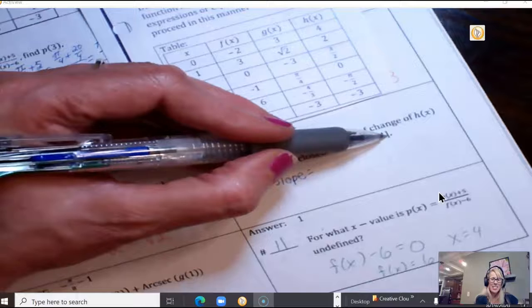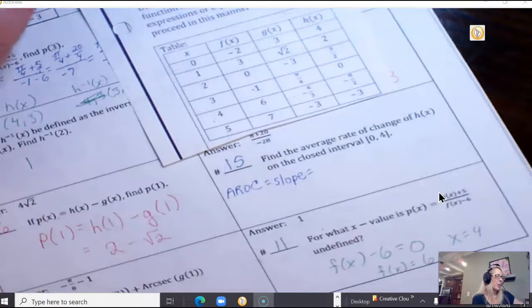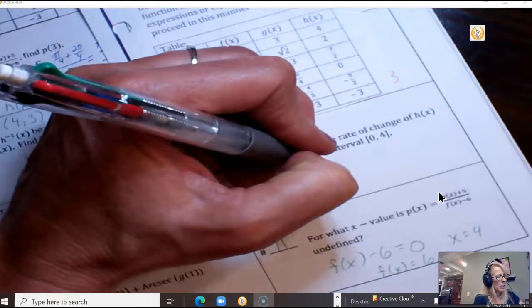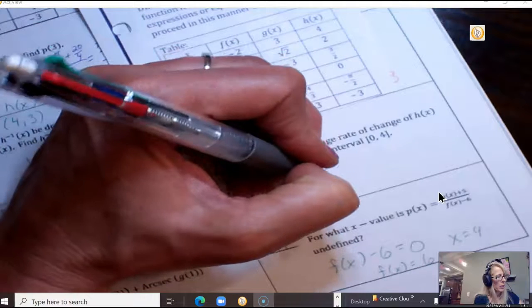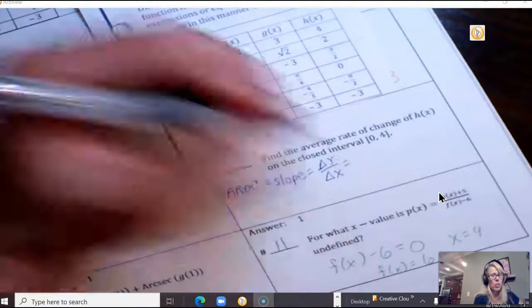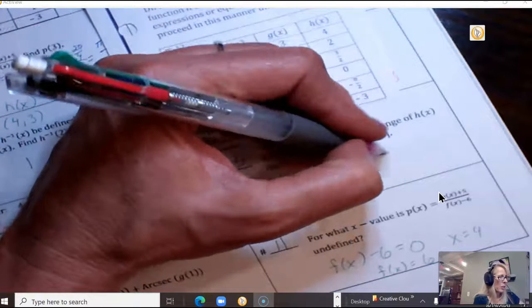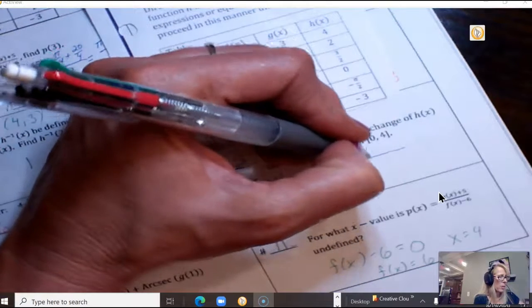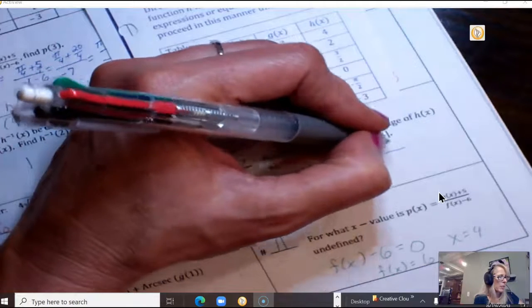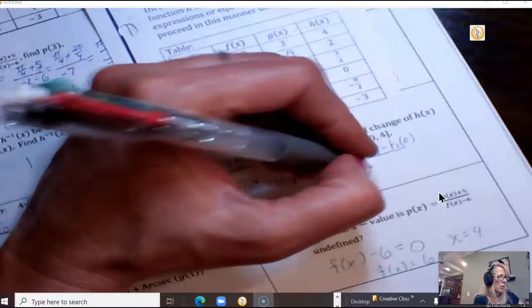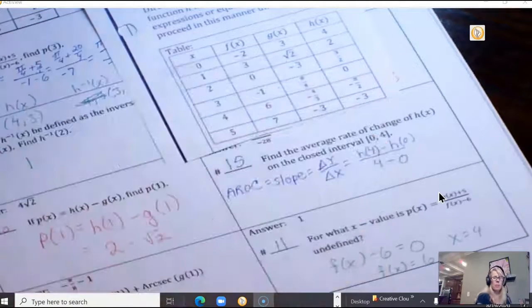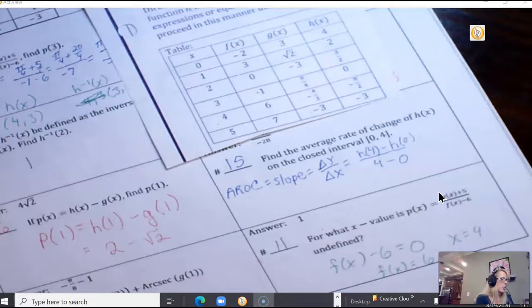All you got to do is find the slope. Remember, that's just delta y over delta x, or the change in y over the change in x. Okay, in other words, I'm going to go a little slow. I won't always do this. So in other words, h of 4 minus h of 0 over 4 minus 0. There's your formula.